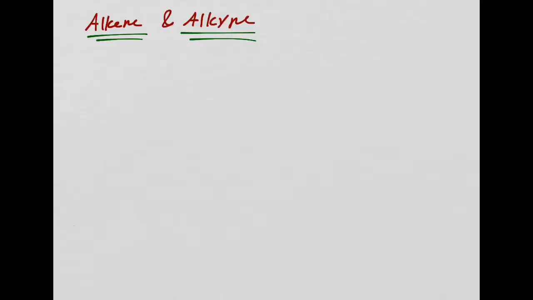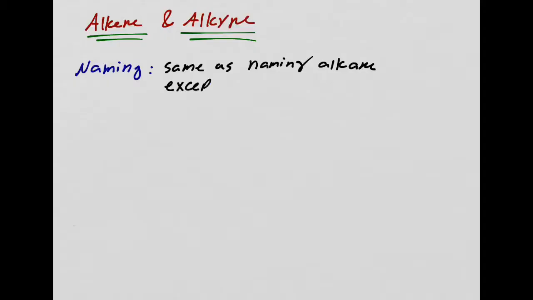Now let's go over the naming for these guys. Once you know the alkane, then everything else is pretty much the same. So the naming is the same as naming alkane. You already did the hard part. There is one exception, okay? Here's the one exception.